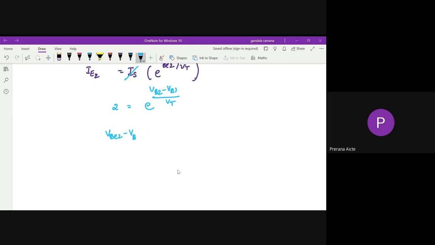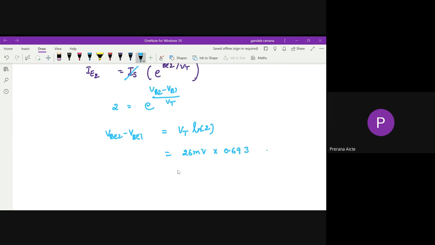If we take ln on both sides, VBE2 minus VBE1 is equal to VT ln of 2. We know VT is 26 millivolts, and ln of 2 is approximately 0.693.